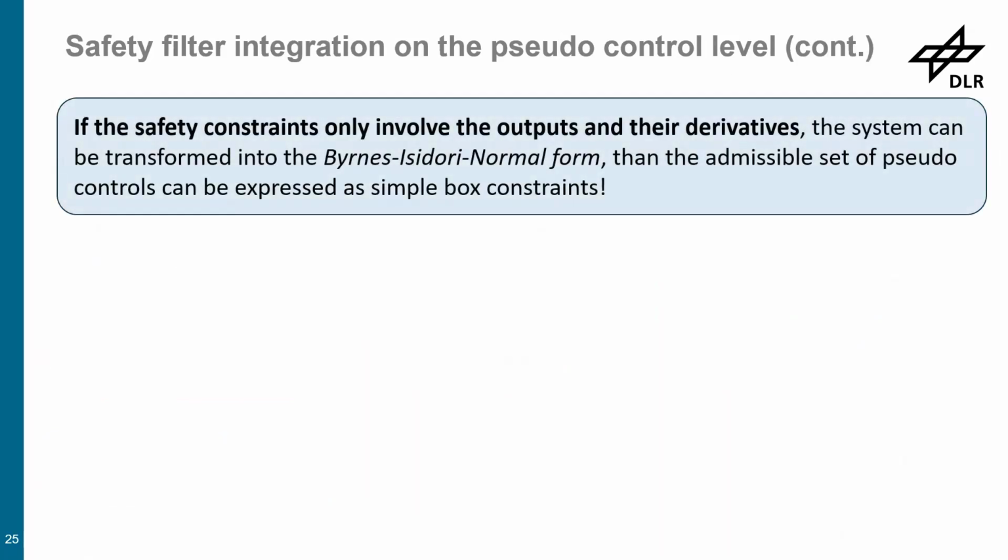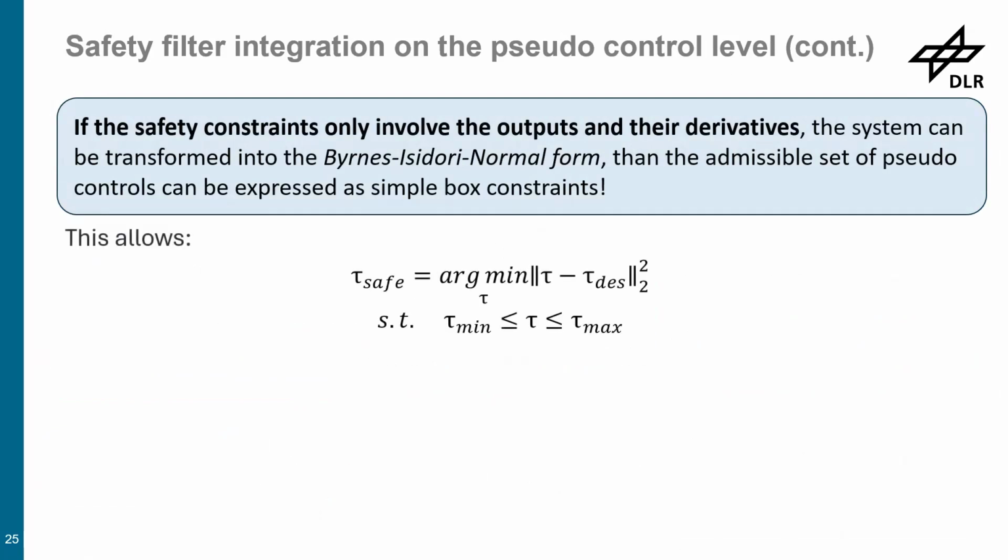And actually, when you look into the problem in more detail, you will see that the problem I just showed before, with the inequality constraints, can be further simplified to just simple box constraints on your pseudo control level, which is easier to solve. The other one is not that simple.